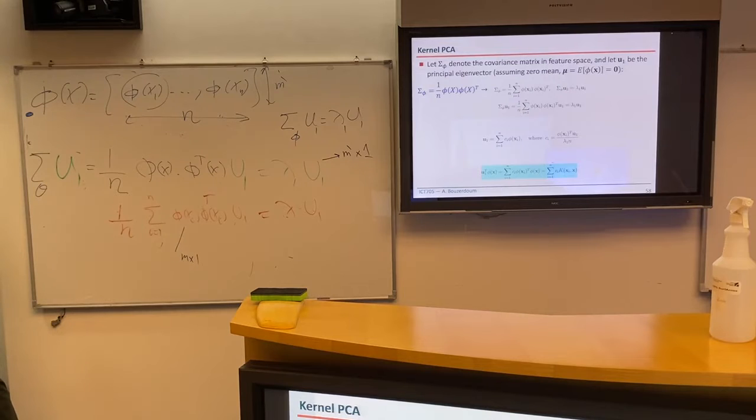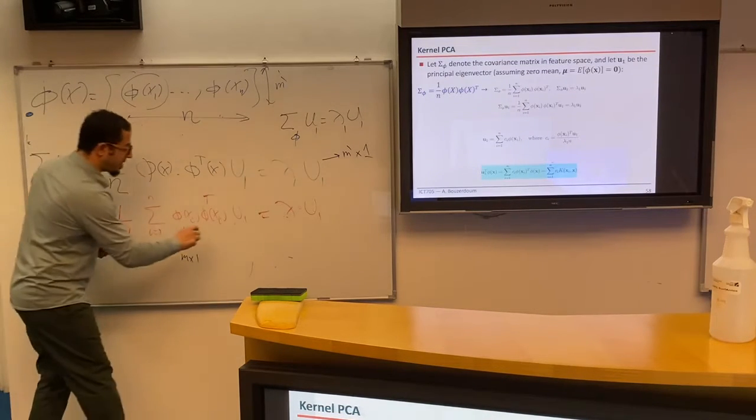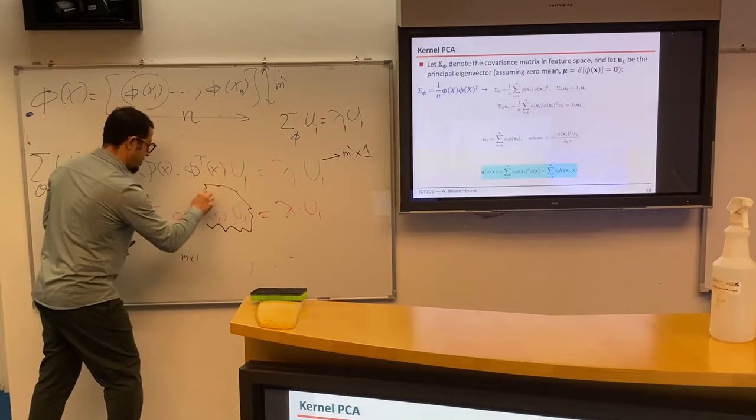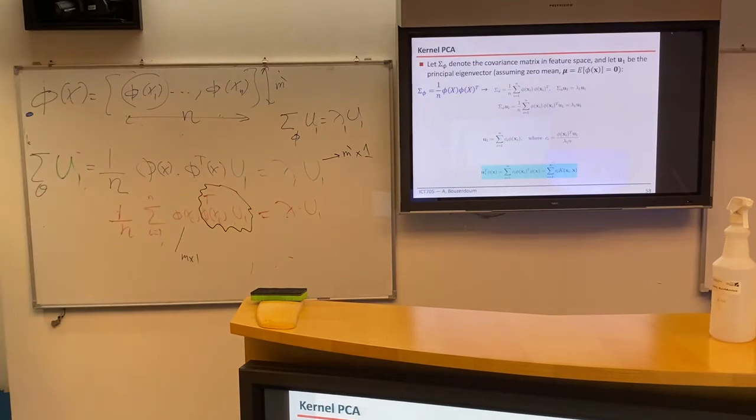Okay. Can you observe something here, please? So here's the key point. What is the dimension of this one, this product? Is it value, vector, matrix? It is 1 by 1.